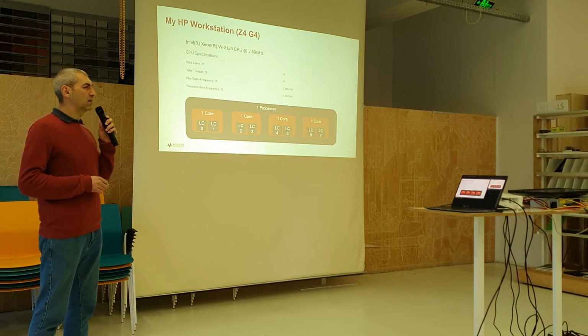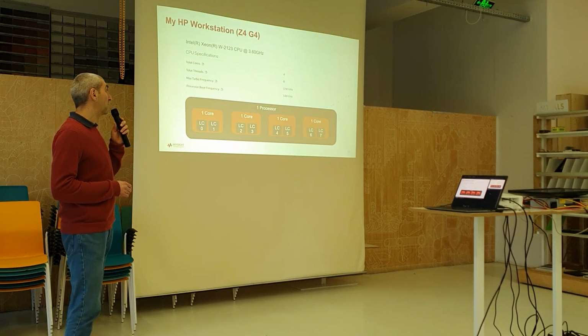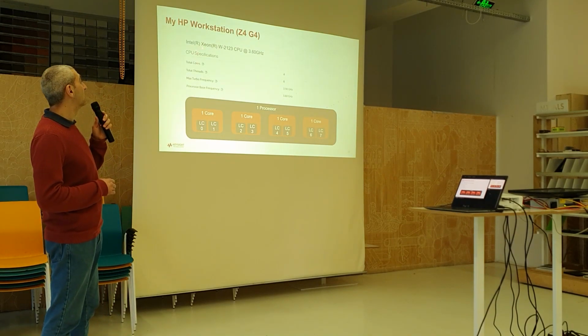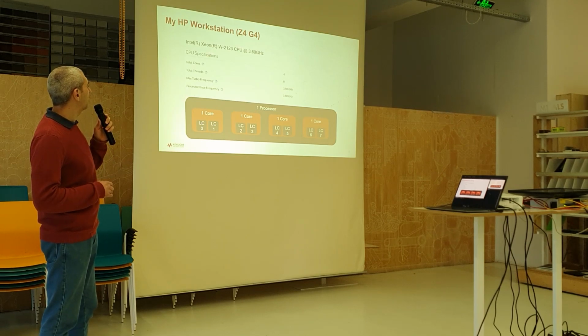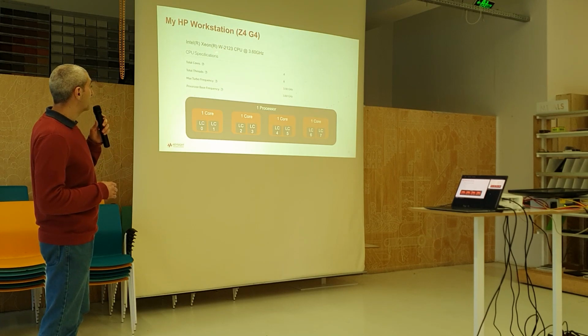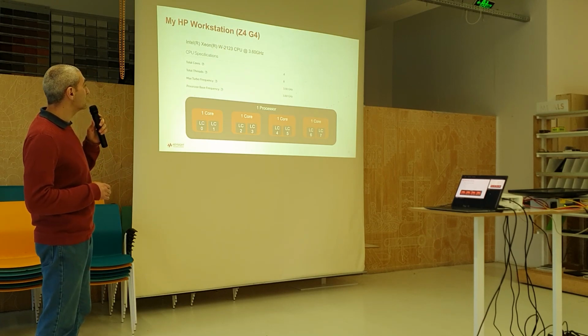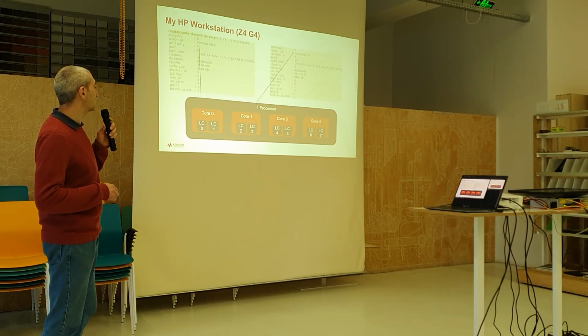We can't figure out from the branding if it's a newer or older CPU, but this one I think is from, I don't know, 2020. It's a server CPU, as I mentioned. It has 4 cores, and with hyperthreading enabled, it has 8 threads. As previously, 1 CPU, 4 cores, and then 8 logical cores.